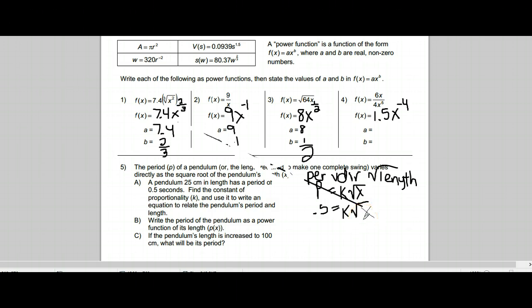Okay, so we're trying to solve for k. Oh, our x is 25, isn't it? Let me erase that. Got this line in there. Just messed everything up. All right, put the pencil back on. And this is going to be the square root of 25.